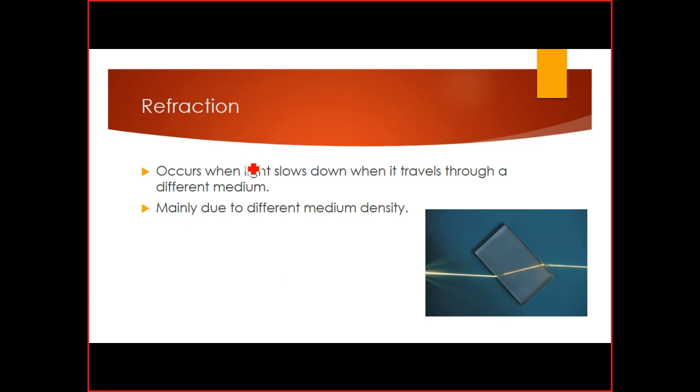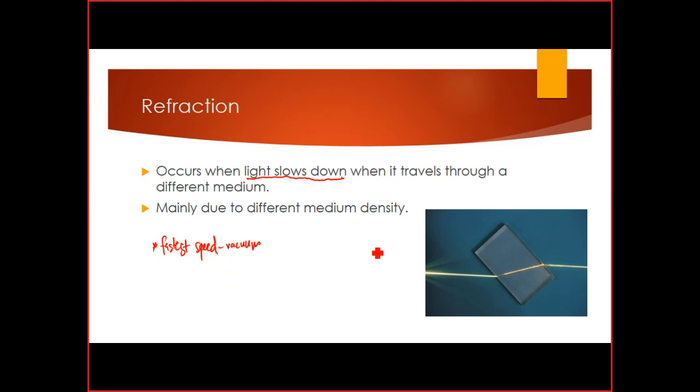Now we will look at refraction. This refraction phenomenon occurs when light slows down. The keyword is light slows down. Light is known to be the fastest thing in the universe, but this only applies when light is in a vacuum.